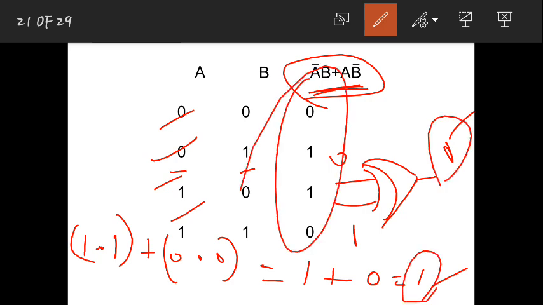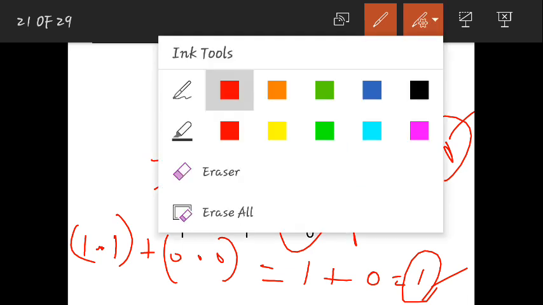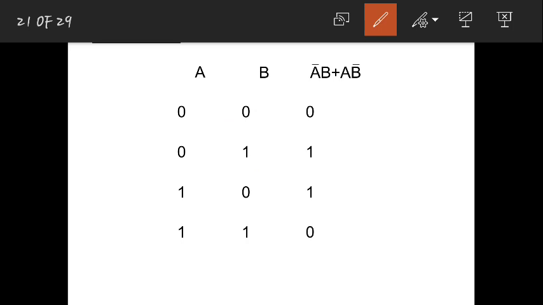Try to substitute and see, or else you can directly remember it as the definition. The XOR definition is: whenever you have similar inputs, the output will be 0, and whenever you have different inputs, the output will be 1.